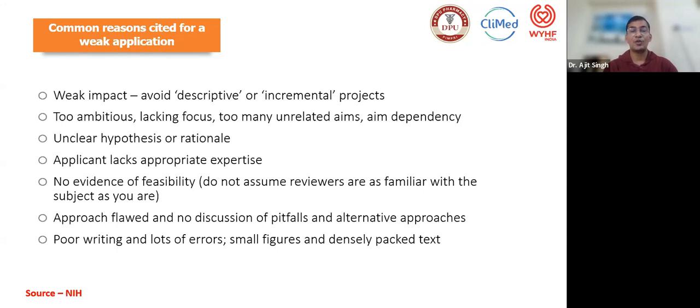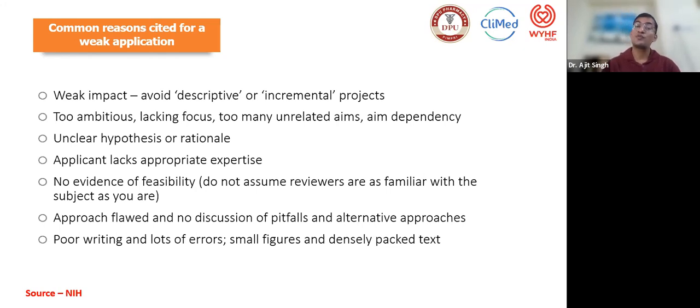Applicant lacks appropriate expertise, whatever is required by the funding agency, then again you are inviting the problem. Your application is going to be very weak. Then no evidence of feasibility. You are not mentioning the feasibility. So do not assume that reviewers are as familiar with the subject as you are.